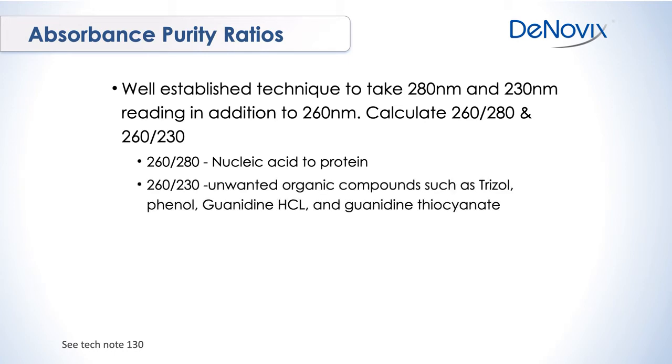For the 260/230 ratio, the 230 measurement is generally organic compounds like TRIzol, phenol, guanidine HCl, guanidine thiocyanate, things that are likely to come through from our DNA extractions or RNA extractions.